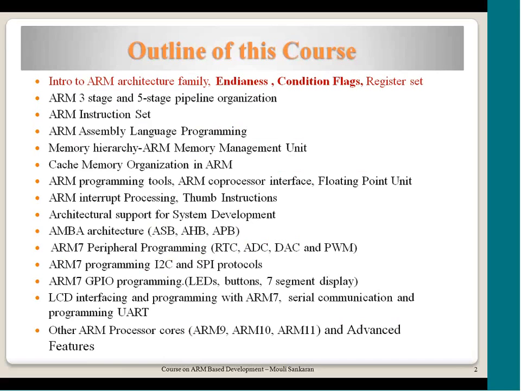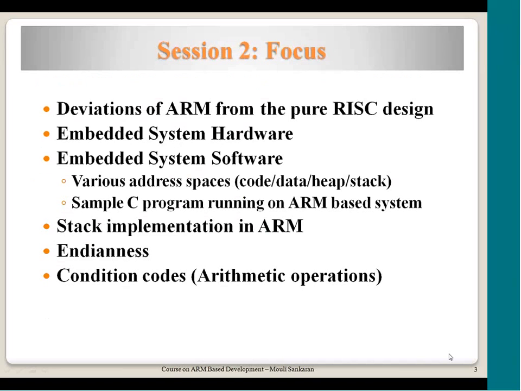Now, in this session, we will be covering a little bit about Endianness and the conditional flags that are available in general in any processor, and in specific to ARM. So this is the detailed plan for this session 2.